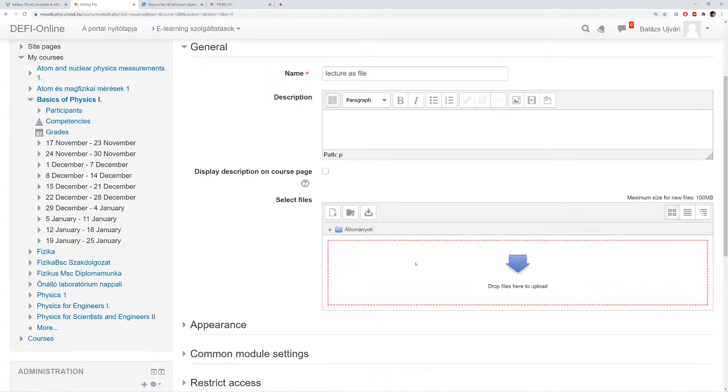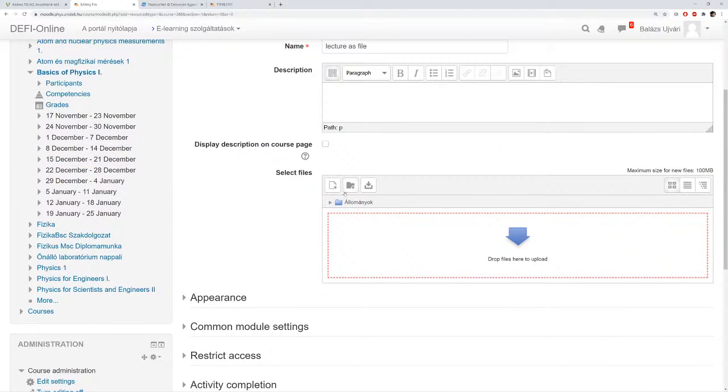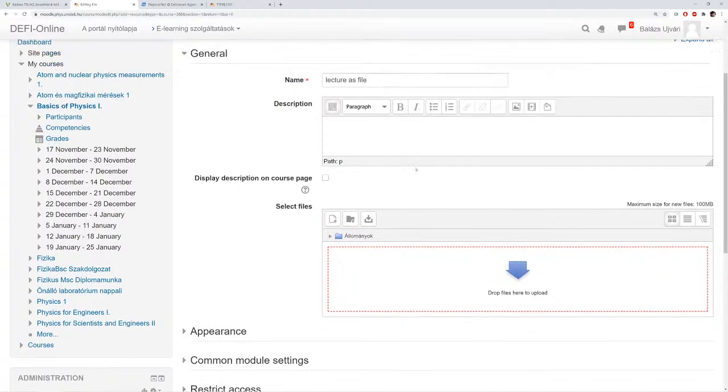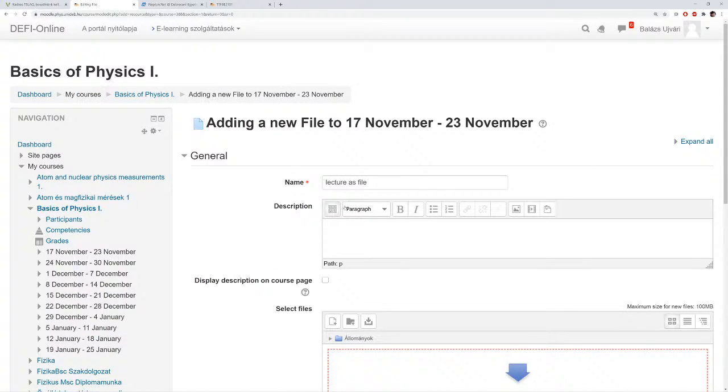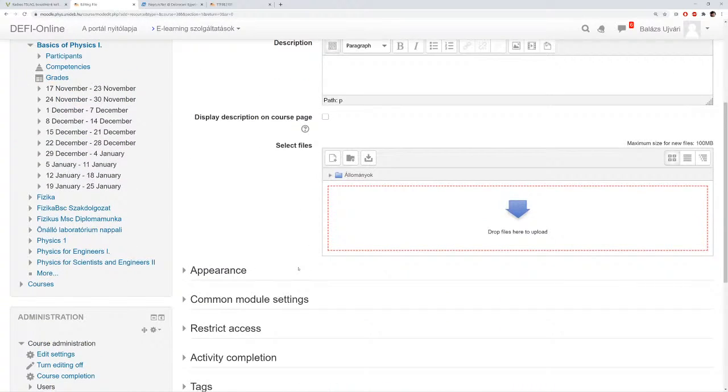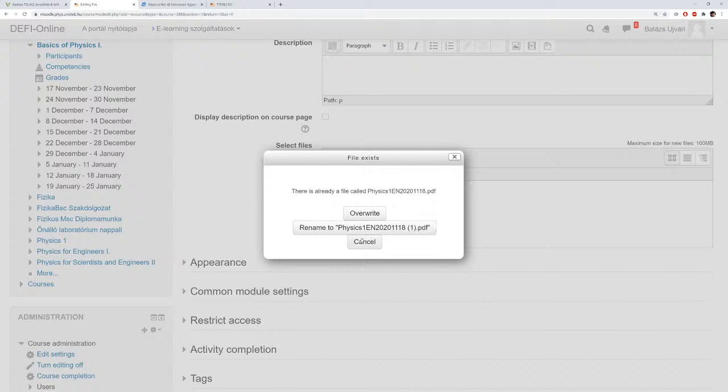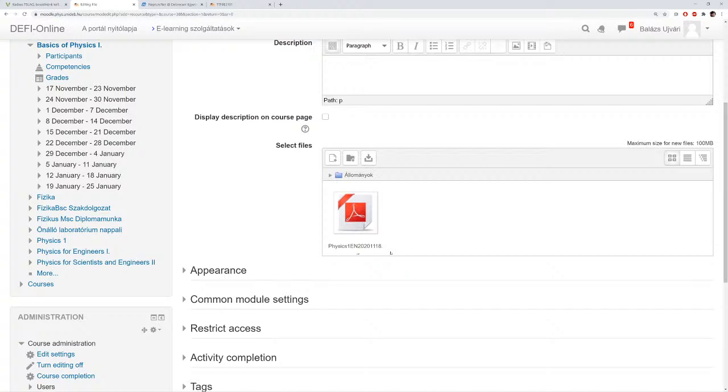It takes time, but please double check. Is it here? I can't see. Drop files here to upload. Oh, it's here. Do you see the file?